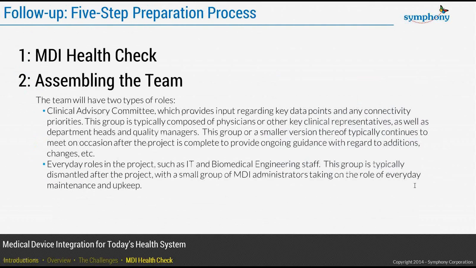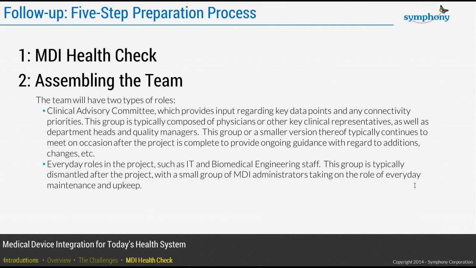So, moving right along. Now we've got our 5-step process here, and number 2 is assembling the team, and this is a big one. You've got 2 types of people involved with an MDI rollout.